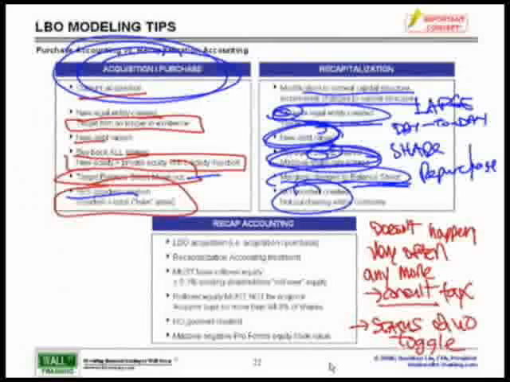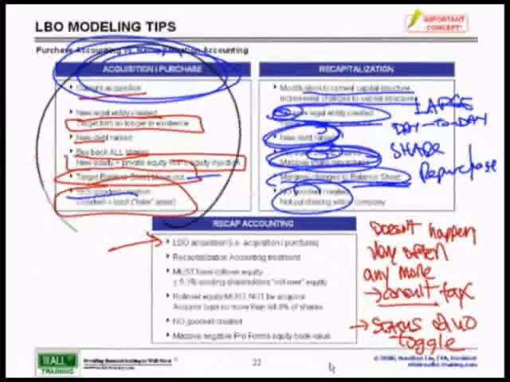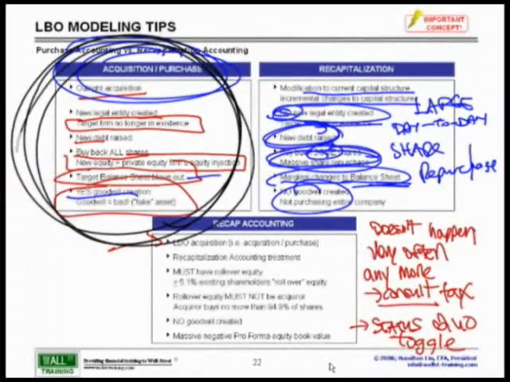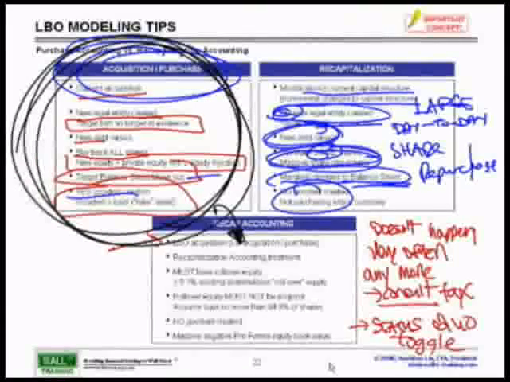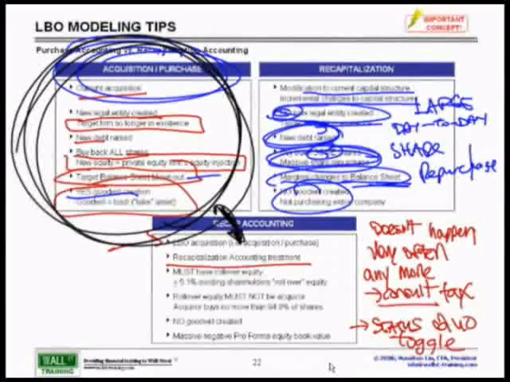In recap accounting, what we're saying is this is a full leveraged buyout acquisition. In other words, everything in this box now circled in black will apply here. However, you can actually elect to get recap treatment. How do you elect to get recapitalization accounting treatment? First of all, what are the reasons why this is good?